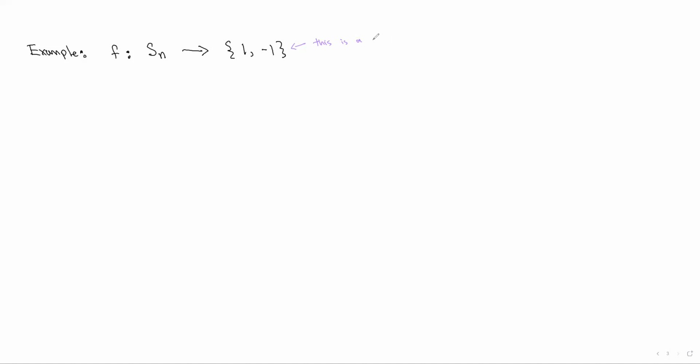It's a group under multiplication, the normal multiplication that you knew of before you took group theory. And the map F is this map, which takes a permutation to its sign. Okay, F is a homomorphism.